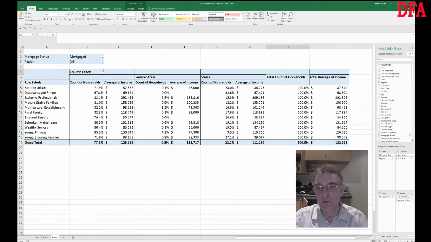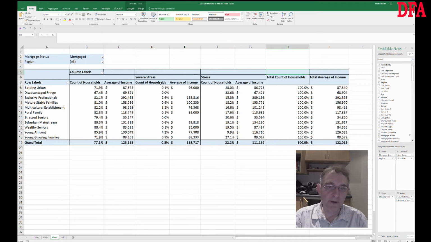If we drill into that in more detail, we can look at the stressed areas first. 32% of stressed households come from the disadvantaged fringe group, 28% from the battling urban group, and 27% from the young growing families group.